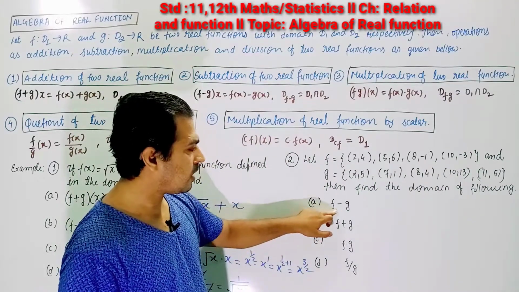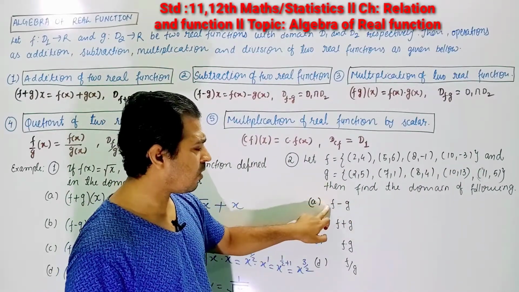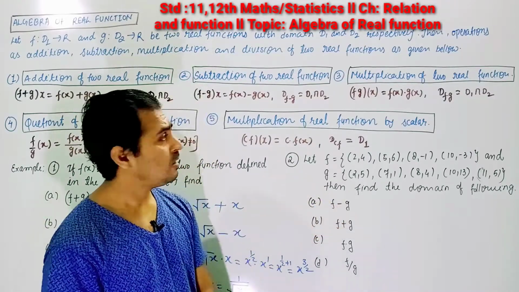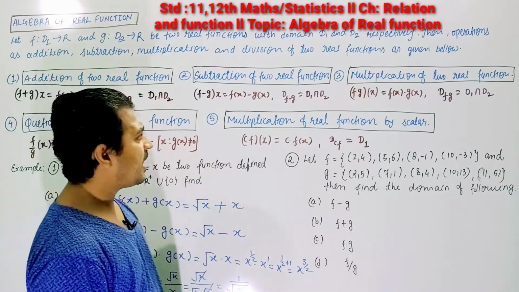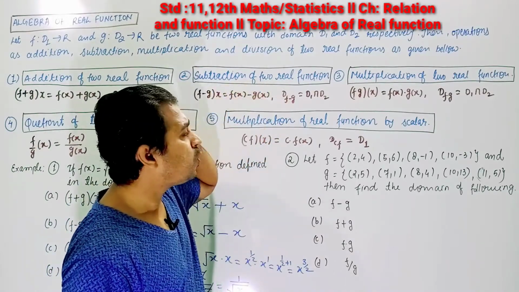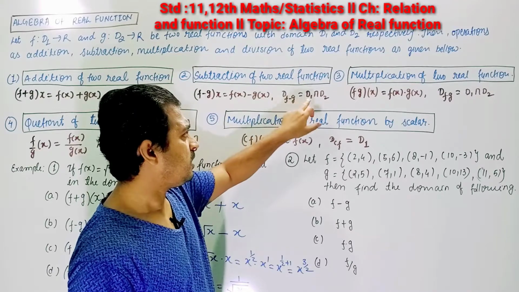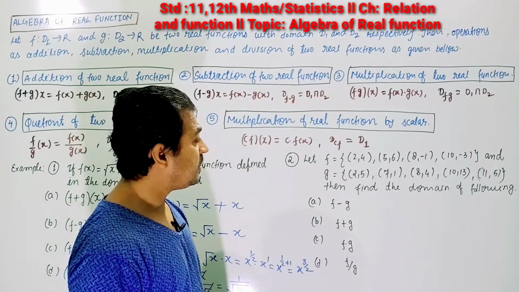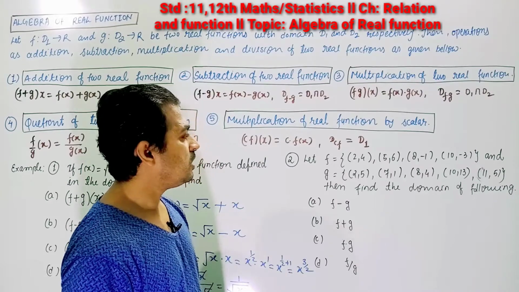But we want to find the domain of the operation f minus g. So students, here you can see that the domain of subtraction of two real functions is equal to D1 intersection D2. What is D1 intersection D2?